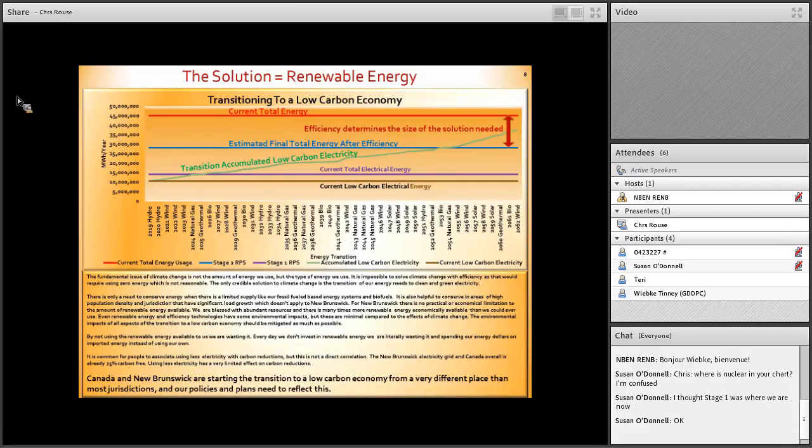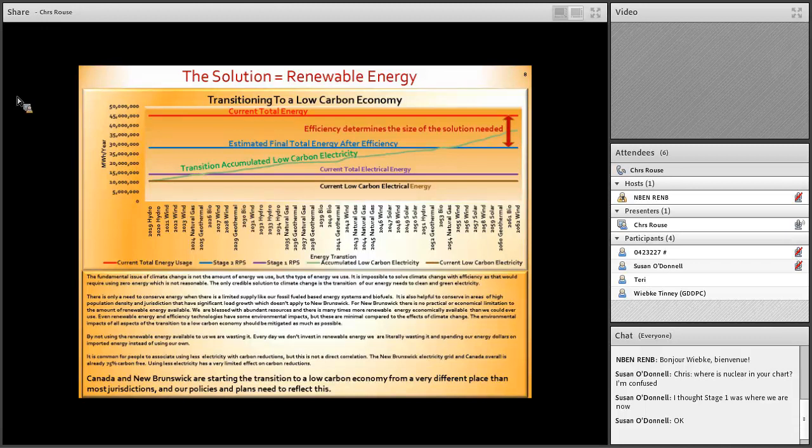When you think about it, by not using our renewable energy available to us, we're wasting it. By not putting up a wind turbine, we're actually wasting that wind. Every day we don't invest in renewable energy, we're wasting it and spending our energy dollars on imported energy instead of using our own.